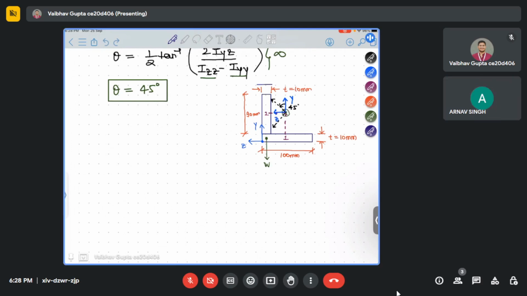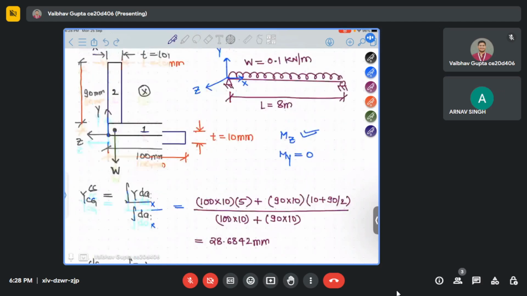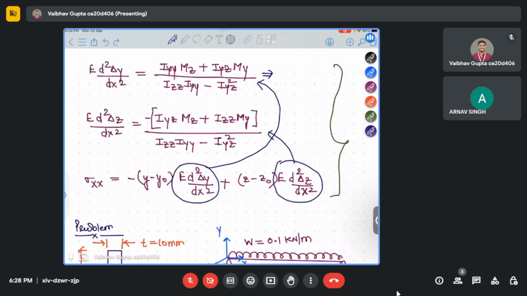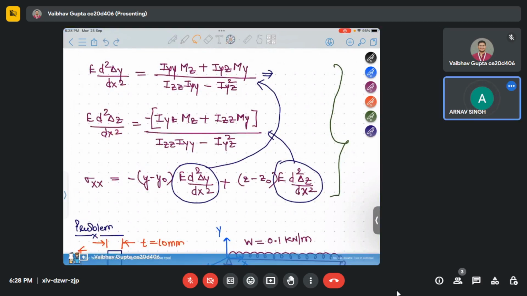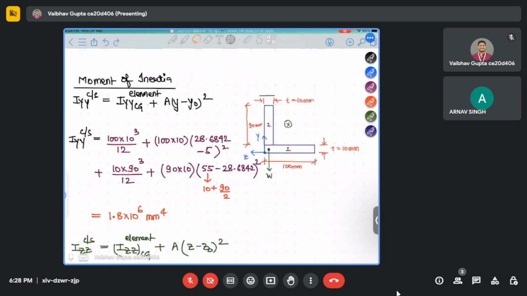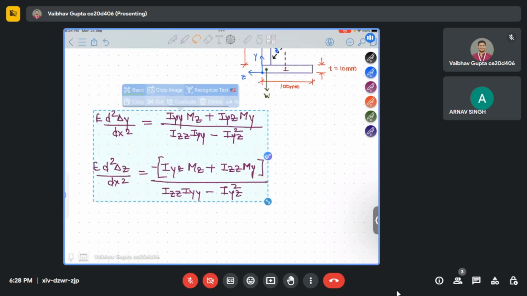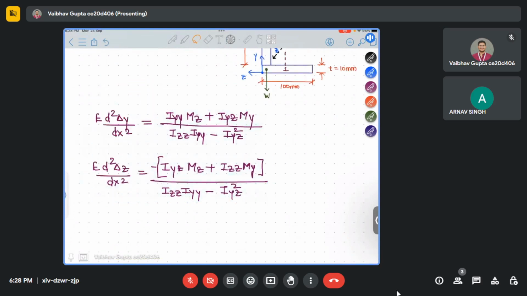So what is the formula? I wrote earlier also what formula we will use. These two formulas we will use. So I'll just copy paste this first. So this is the formula we'll use to calculate the deflection in y direction, z direction.